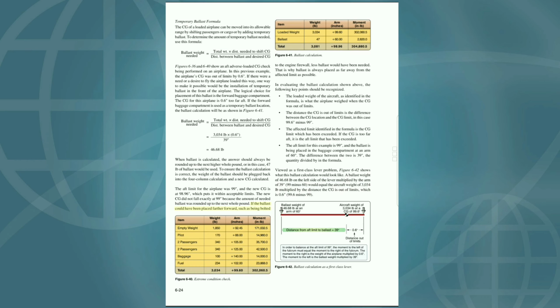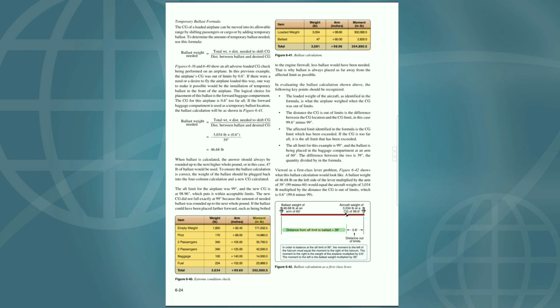If the ballast could have been placed farther forward, less would be needed. Ballast weight of 46.68 pounds at an arm of 60, aircraft weight of 3,034 pounds at a CG of 99.6. Item weight, pounds: empty weight 1,850, 170, 340, 340, 100, 234. Arm, inches: plus 92.45, plus 88.00, plus 105.00, plus 125.00, plus 140.00, plus 102.00, plus 99.60.